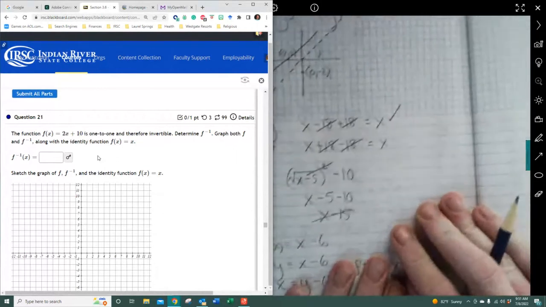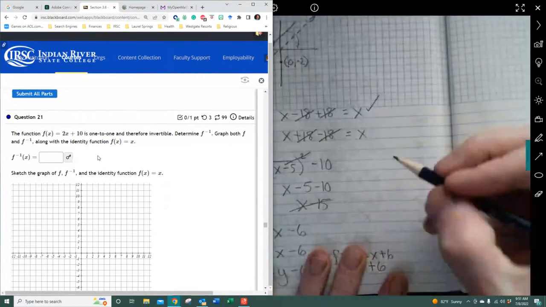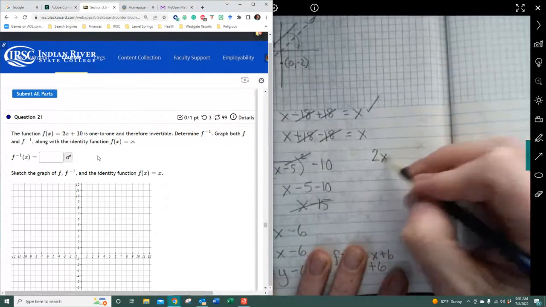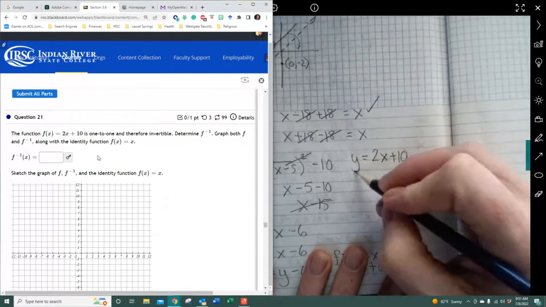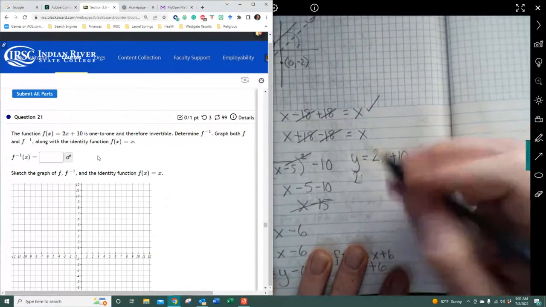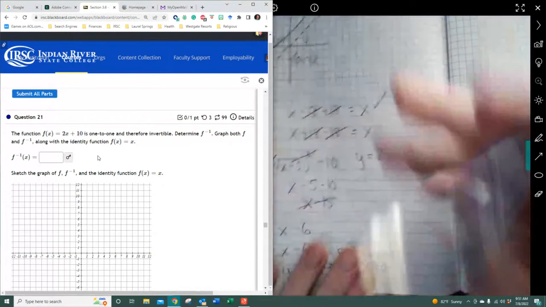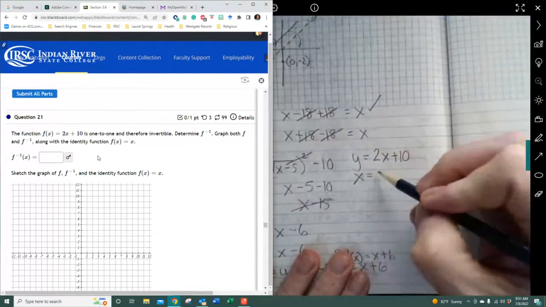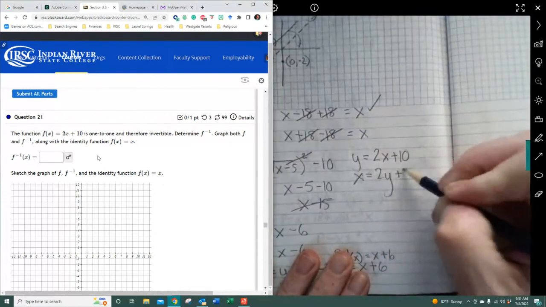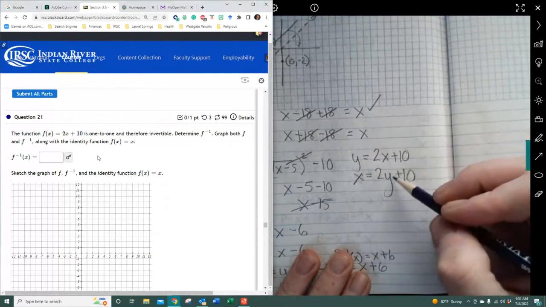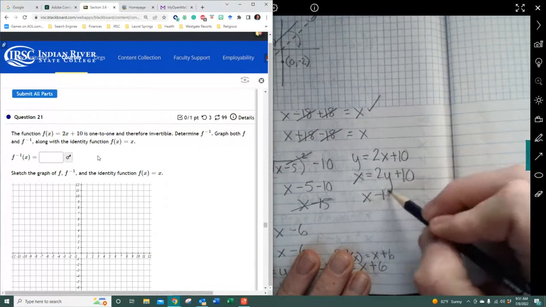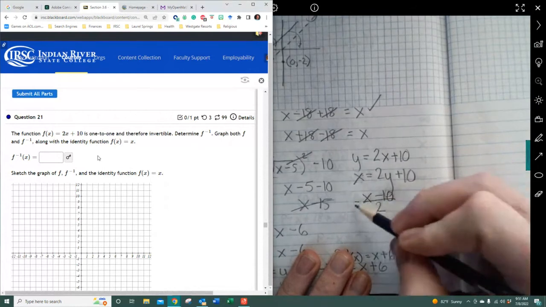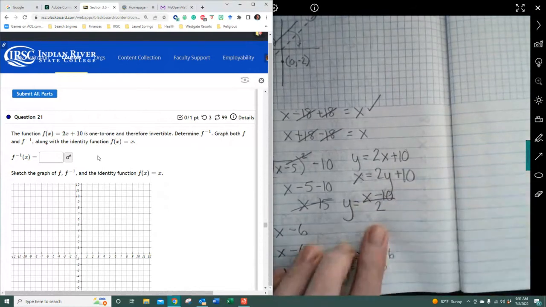So if I look at this one, doing this quickly, I would get this. I'm going to put the x first: x equals 2y plus 10. Go ahead and isolate for y. So I'm going to subtract 10 from both sides, divide both sides by 2, and I get my answer.